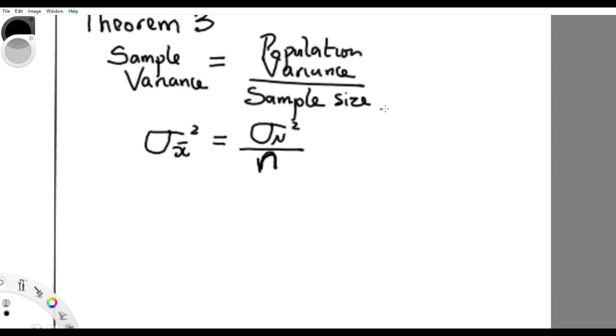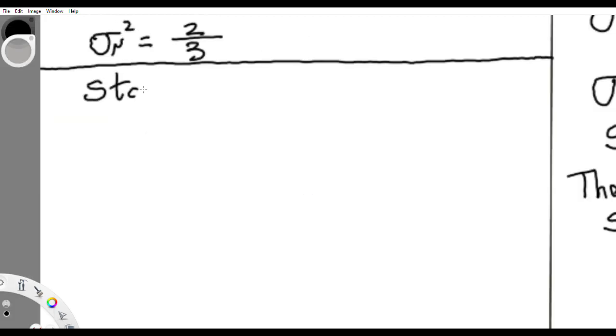Now I am going to go to standard deviation for sampling with replacement, and the reason is because for without replacement there's just a little bit of difference, and I want to treat that together. So standard deviation, remember, is simply the square root of variance.